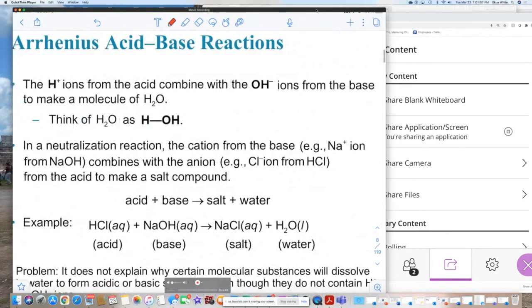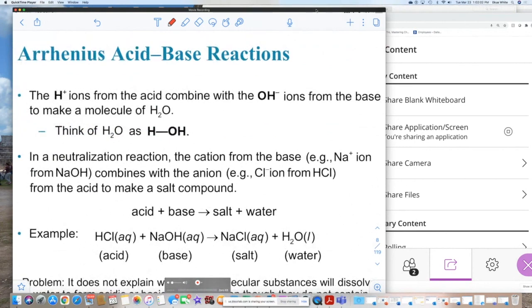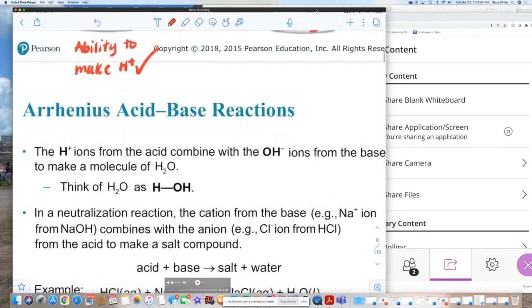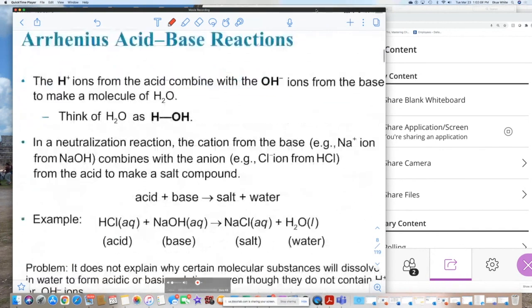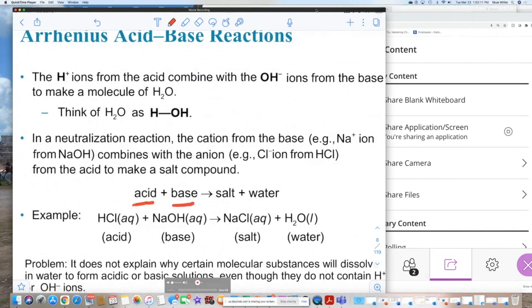Okay. And then we're told here, now that we know what Arrhenius acids and bases are, remember that we learned this in 1411, neutralization reaction, which essentially says acids and bases react to form salt and water. This is one of those equations you want to memorize. We learned this in 1411.